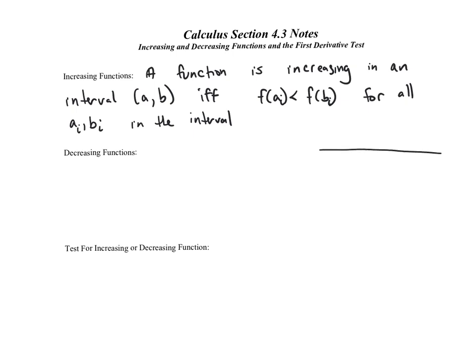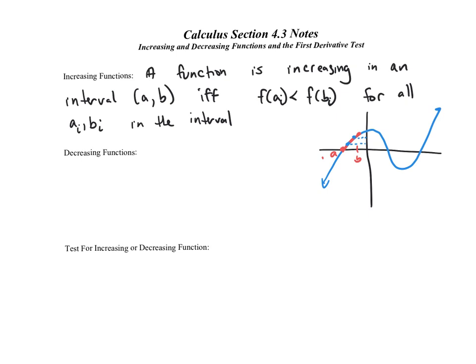So if I make my little graph, let's say I draw a function that looks like this. If I pick two points, let's say this is my A and this is my B here. Obviously it increases at other points, but I know it's increasing in this interval because no matter what points I pick, the y values are getting bigger.